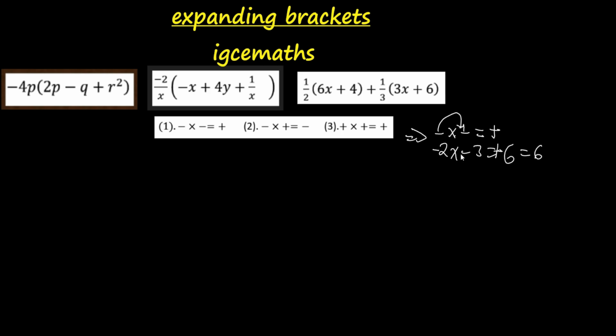The next one you have to know is that whenever a negative number multiplies a positive number, or whenever a positive number multiplies a negative number, the resulting symbol in front of the answer will be negative.